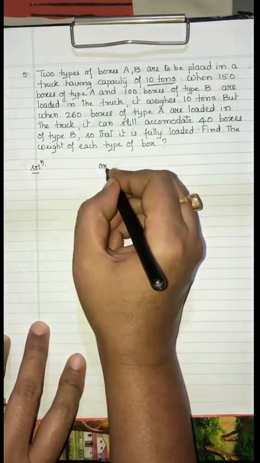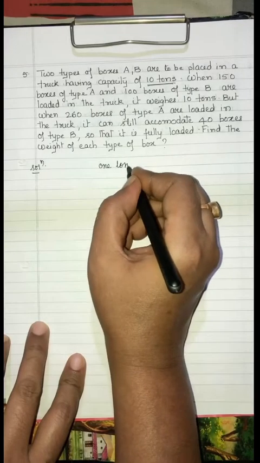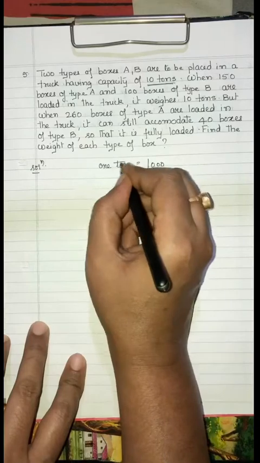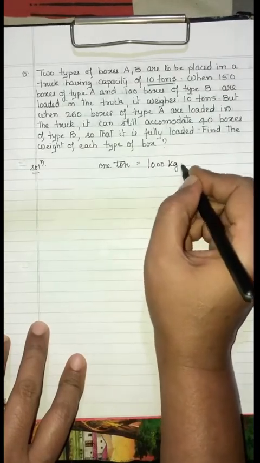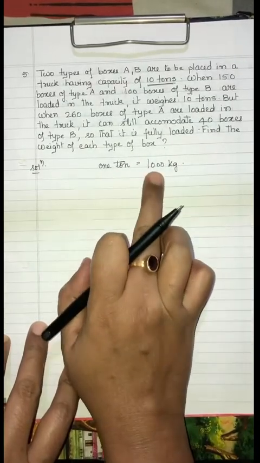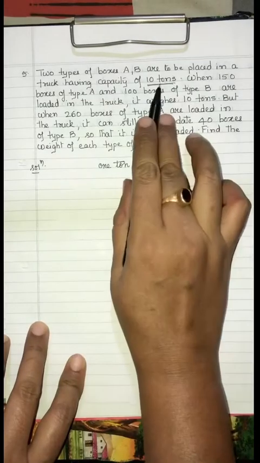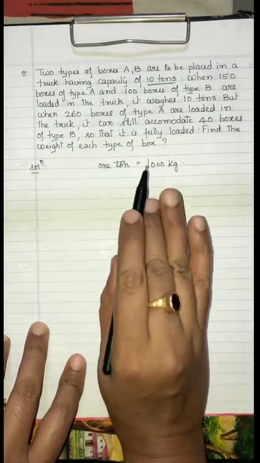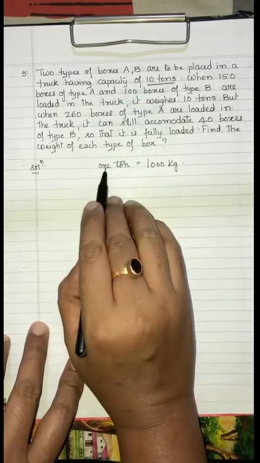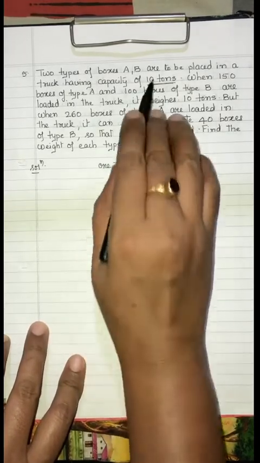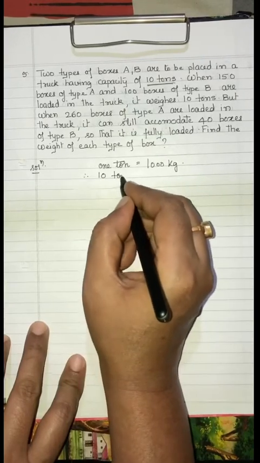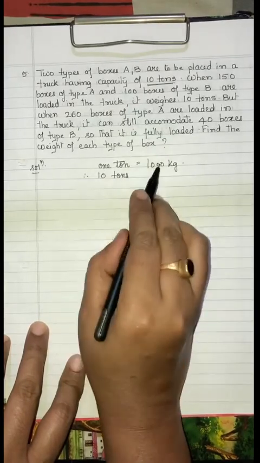We know that 1 ton is equal to 1000 kilograms. 1 ton is 1000 kilograms.